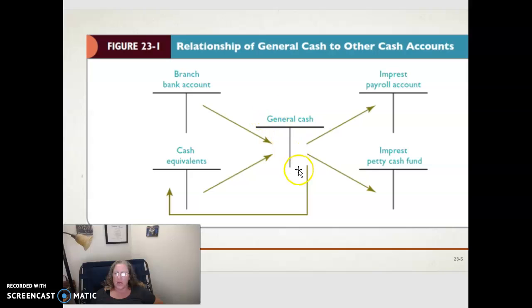These all tie back into the general cash account. The branch bank accounts would flow money into the general cash account. The general cash account would flow money to the imprest payroll account and the imprest petty cash fund account. The cash equivalents would flow both in and out of the general cash account.